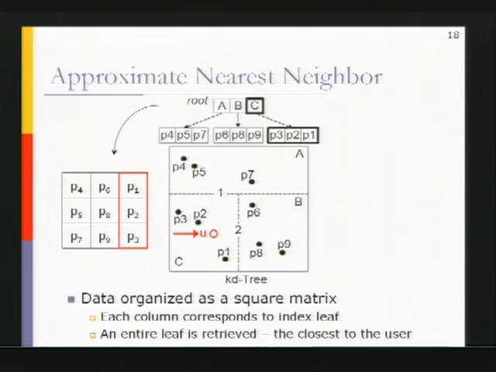So the points of interest are more like access points from where the user will actually access? No, they are the points that he's looking for, the landmarks that he's looking for. The user location there is in red. Only the user knows his location. The server does not know the location of the user.